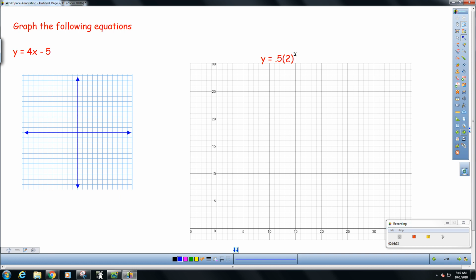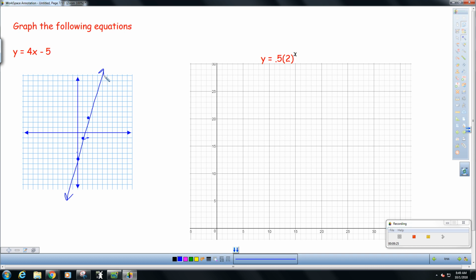All right. Which one of these is linear, Carson? The first one is linear. What is the y-intercept? Negative 5. So we're going to start down 5. And then our slope is 4. So if I go over 1, I go up 4. Over 1, up 4. I'll get my straight edge. And that's going to be a line.